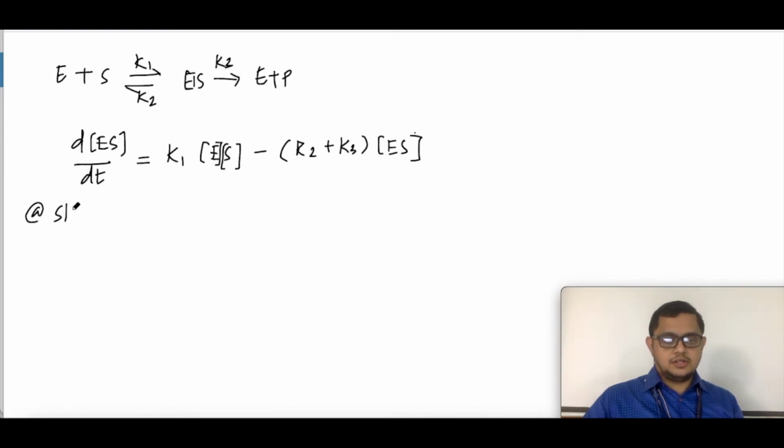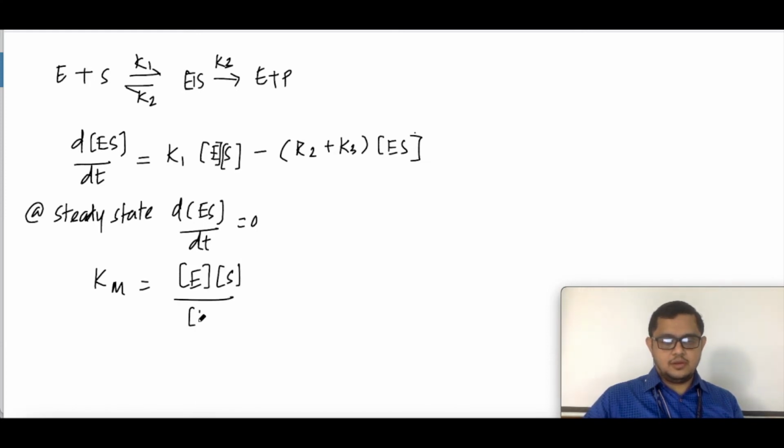At steady state, dES by dt becomes 0. So this equation simplifies into Km is equal to E into S divided by ES. Just refer to my previous lecture on this equation. Let me call this equation 1.